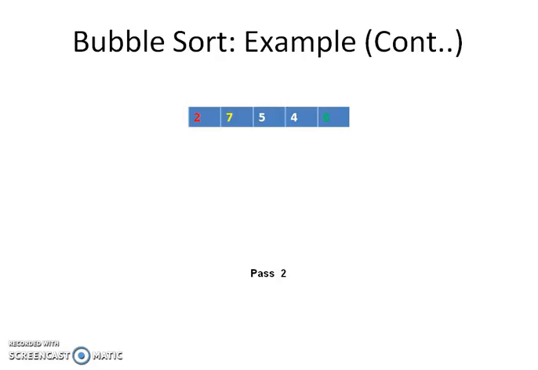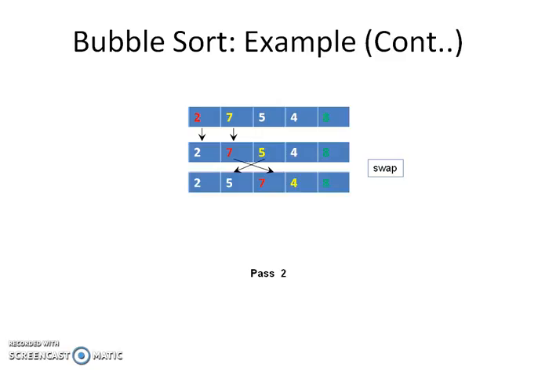So the result of pass 1 is taken as the input to pass 2. Here again we compare 2 and 7. 2 is less than 7, so no swapping is required. Then we compare 7 and 5. 5 is less than 7, so we swap 5 and 7.